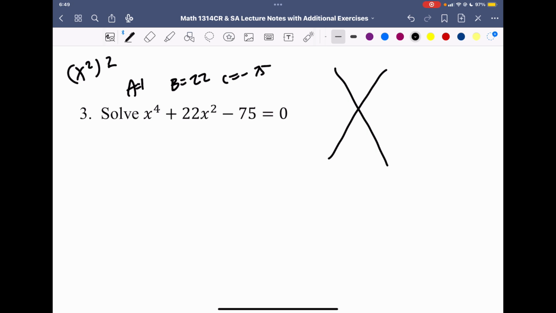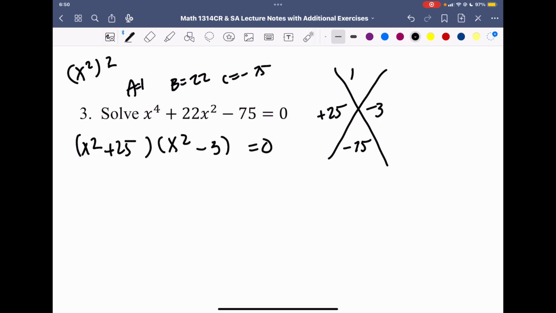So then we're going to have 1, negative 75, minus 3, or positive 22, positive 25, negative 3, x squared plus 25, and then x squared minus 3 equals 0.